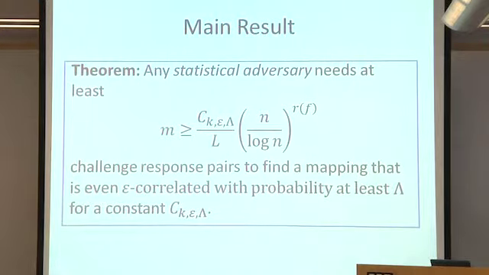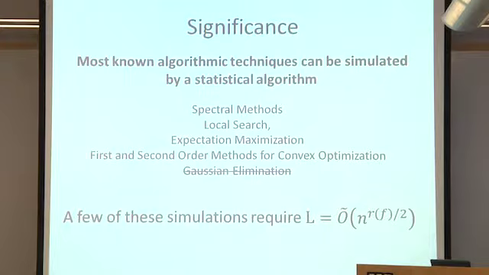So L is the parameter of our statistical algorithm. The statistical algorithm is allowed to ask queries that take a challenge response pair and map it to one of L different results, so this L parameter shows up in the final bound. It's significant because Feldman, Perkins, and Vempala showed that a lot of different algorithmic techniques for solving random planted satisfiability problems can be simulated efficiently by a statistical algorithm.